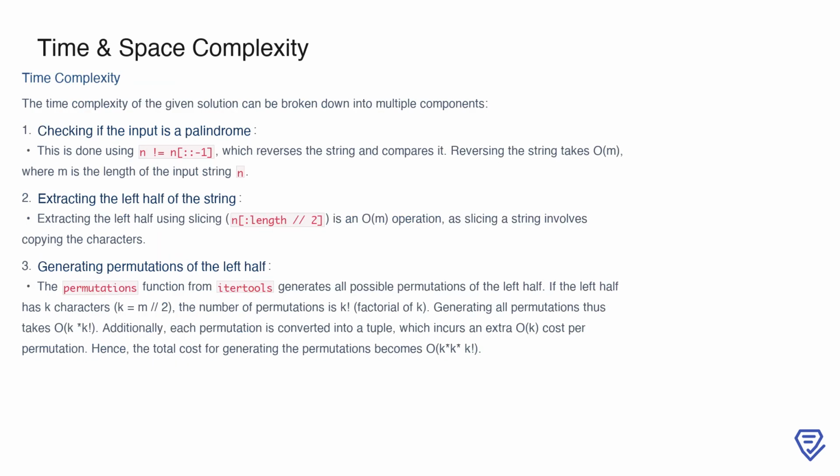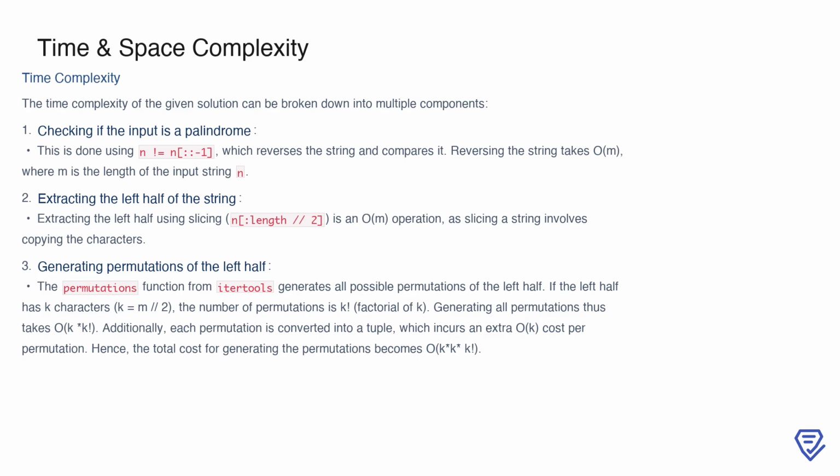The time complexity of the solution involves analyzing several steps. First, we check if the input string is a palindrome by reversing it and comparing it to the original. This reversal operation takes O(m), where m is the length of the string. Next, extracting the left half of the string using slicing is another O(m) operation, as slicing involves copying the characters. Then comes the critical step of generating permutations of the left half.